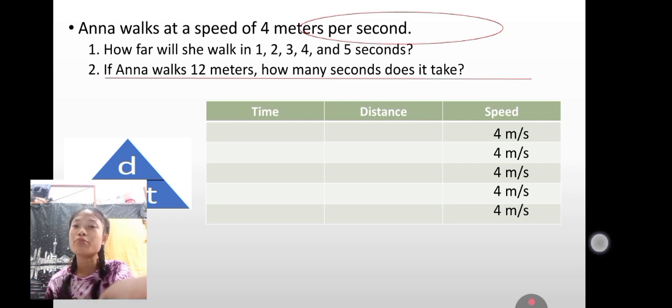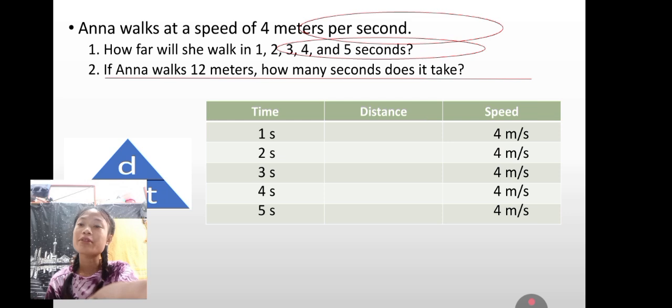How far will she walk in 1, 2, 3, 4, and 5 seconds? Mao na time na to. So, atong papangitaon na lang is number 2.